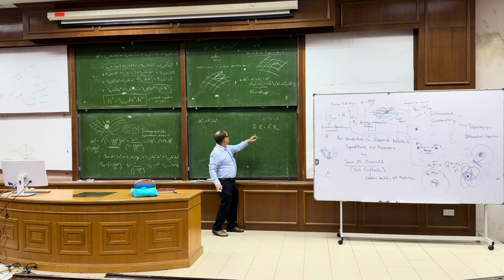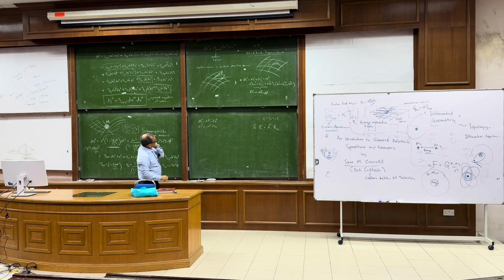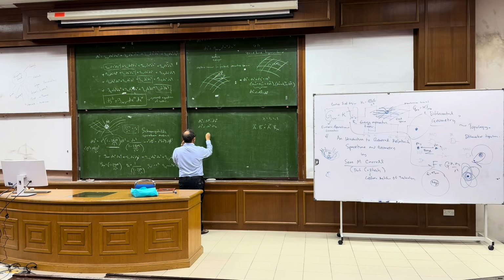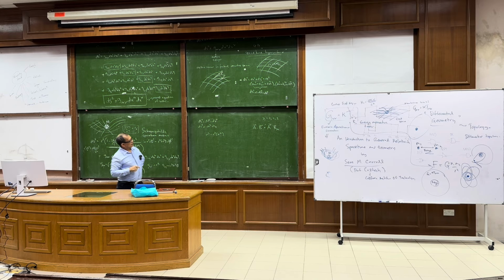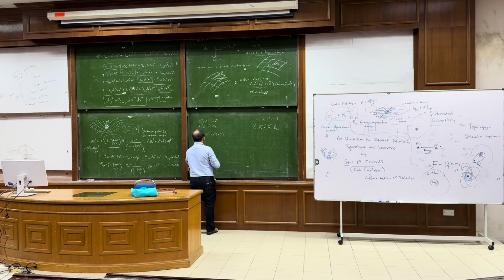Alright? So kita boleh kata dr lambda, no more dot product, okay? Sebab ini in tensorial form. So ds squared is dr lambda dr lambda, where r lambda is a function of x mu.